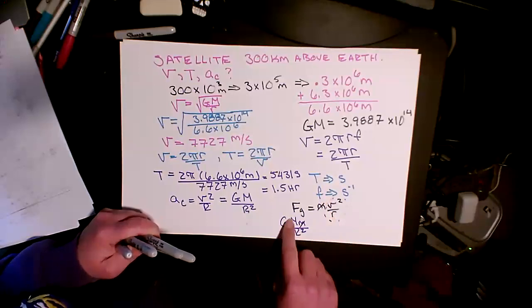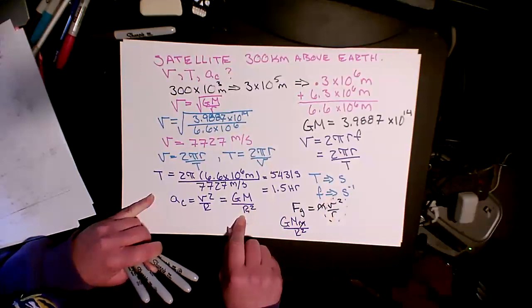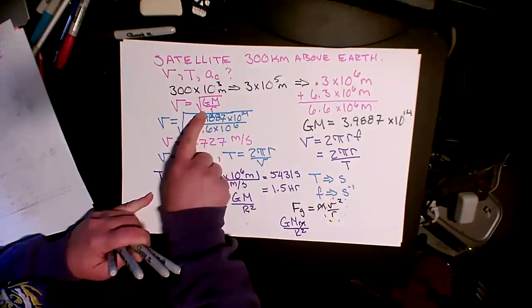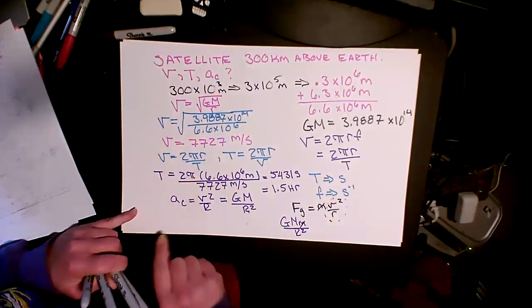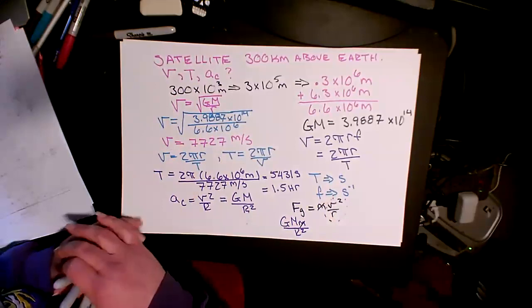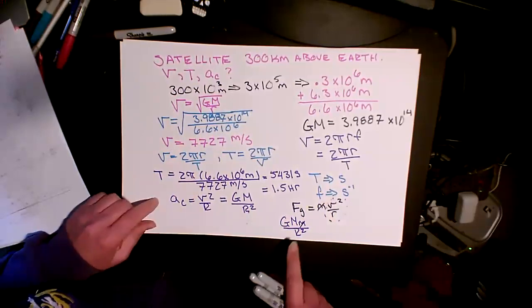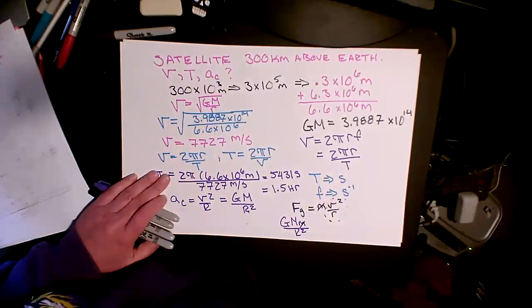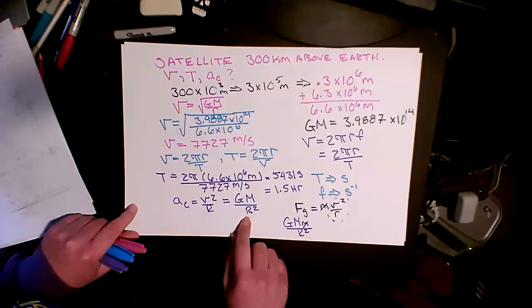So my center-seeking acceleration here would just be GM over r squared. And I can do all of that work back here, and I look at this and see here's v squared. So if I square things up, I end up with this expression.